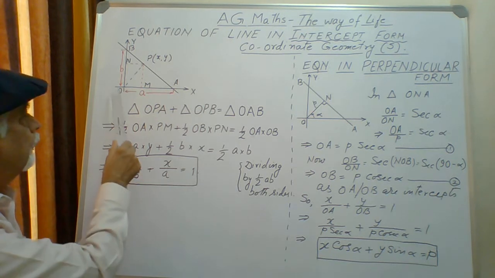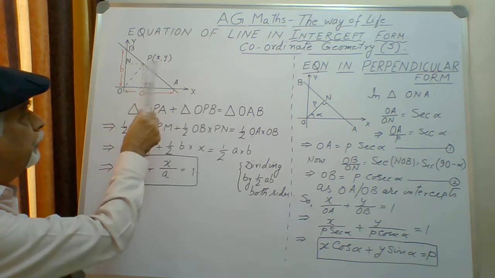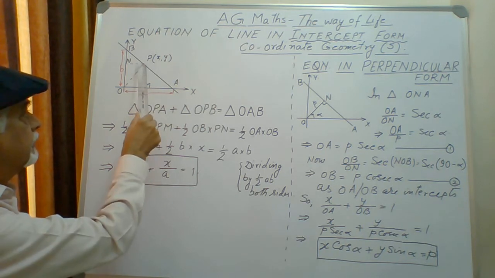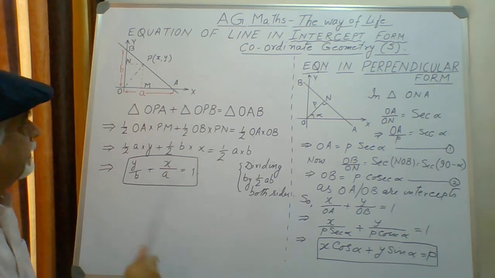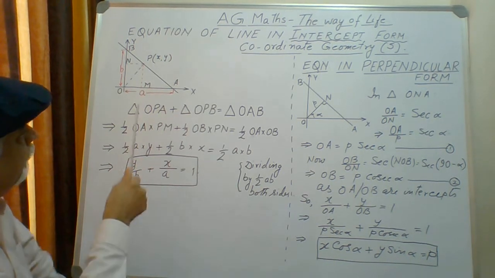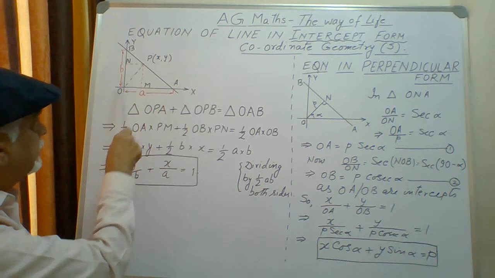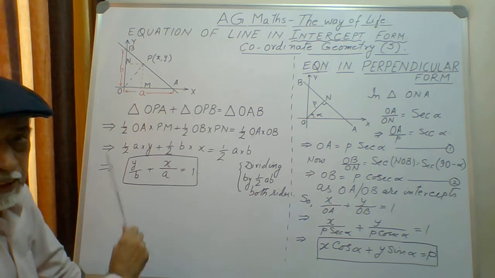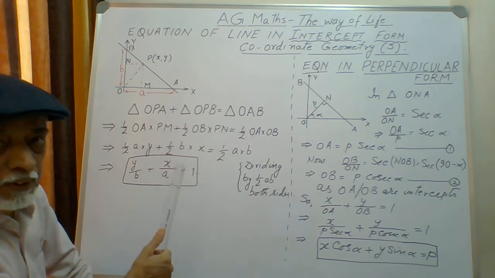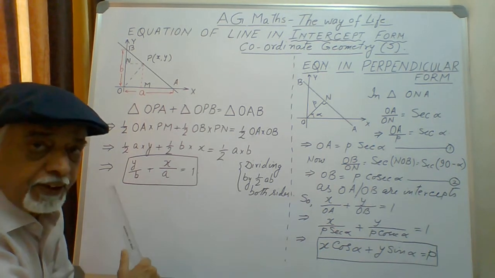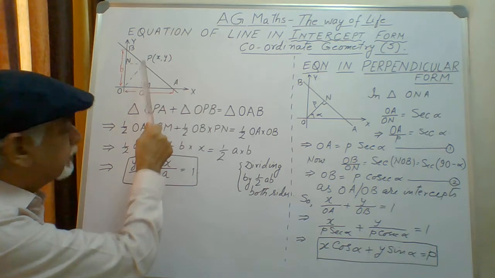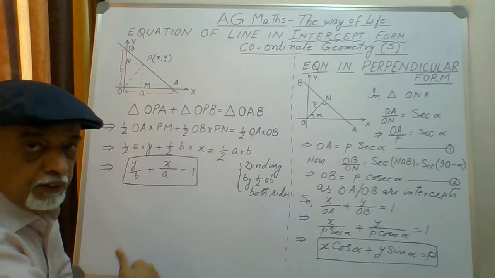The distance from O to M is called the x value, and from P to M is called the y value, which is along the y-axis, and it is equal to ON also. Now we connect the origin to the point P. That is the construction before we start deducing the equation of the straight line. If I connect the origin to the point P, it is the imaginary line OP.